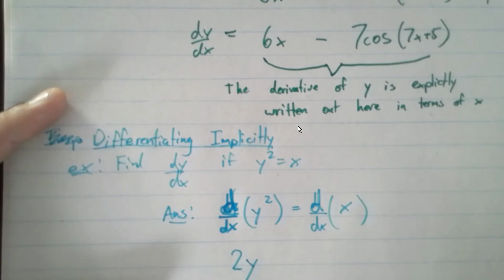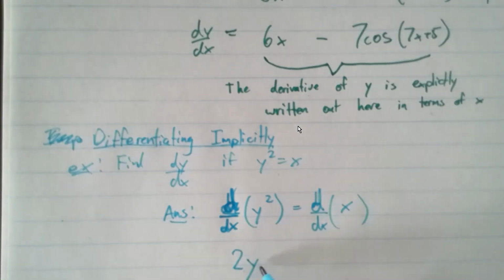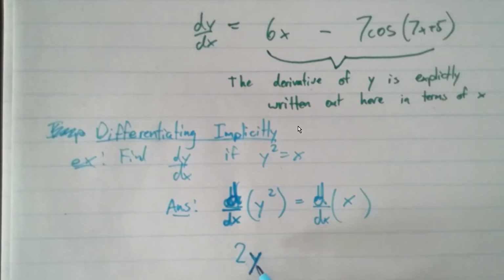Here's where the implicit thing comes into play. I'm taking everything in terms of x with that variable. We don't actually know if inside of y is a weird equation with x. So like meaning this, everything's in terms of x, y squared.